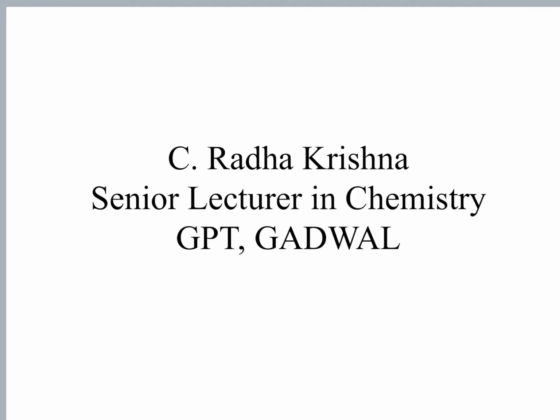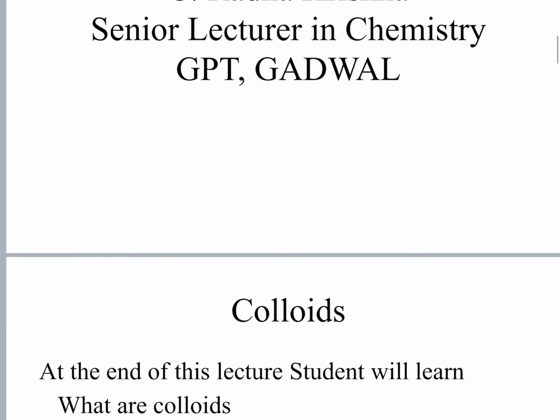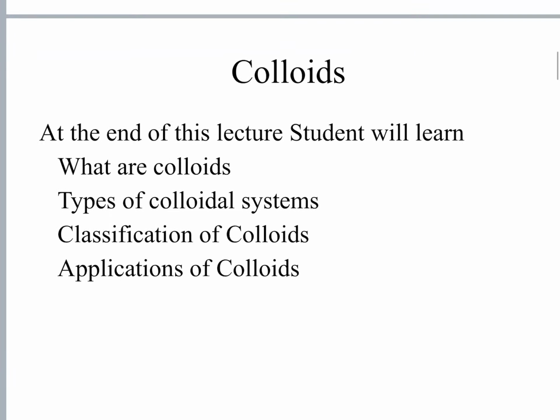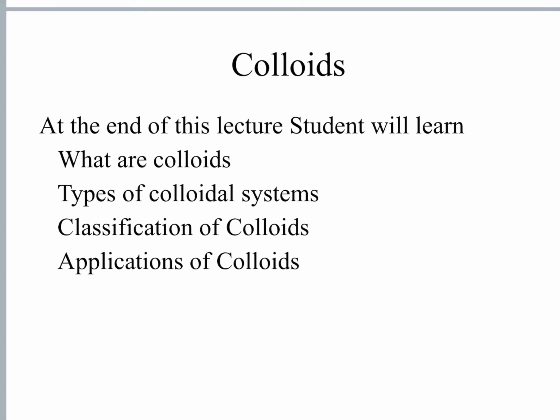Now we will move on to the last and most interesting topic in the solutions, that is colloids. At the end of this lecture, the student will learn what colloids are and the types of colloidal systems based on the phase.